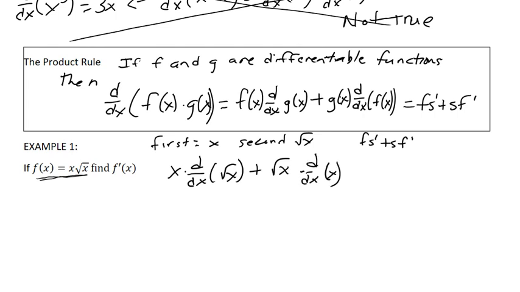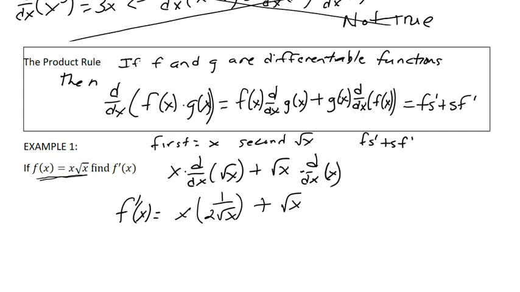We know the derivative of square root of x is 1 over 2 root x, and the derivative of x, of course, is 1. So this would be our derivative, unsimplified.